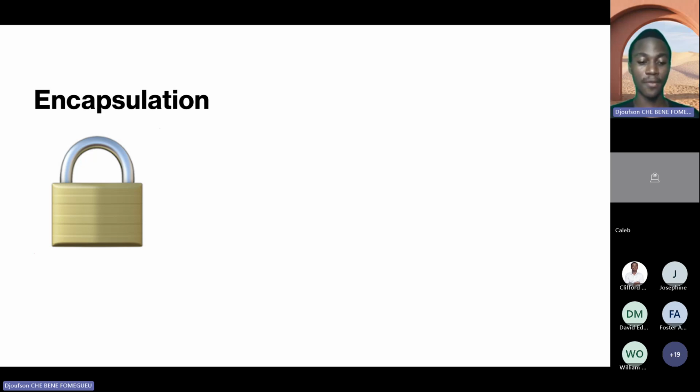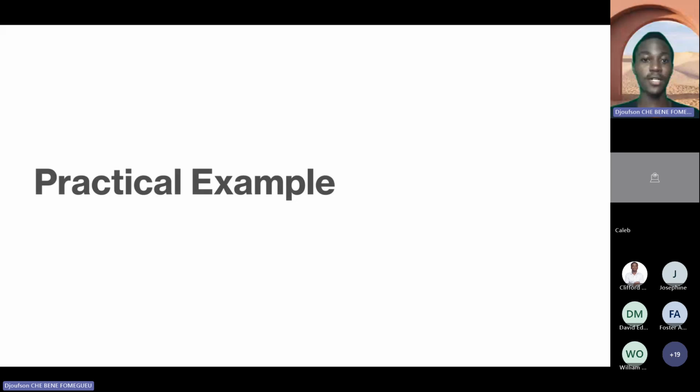That's what I'm talking about, secure code. We do not at all enable the outside world to modify the state of an entity or our aggregate. So that's about encapsulation. We'll see in practice how we can leverage all those principles to refactor an application.